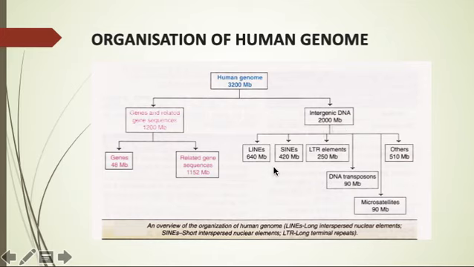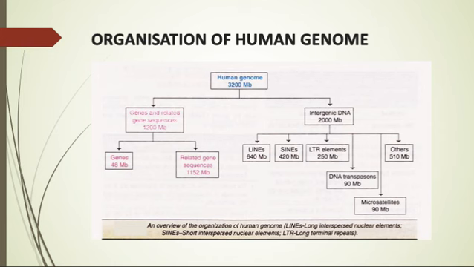You have the long interspersed nuclear elements, that's about 640 MB, and then the short interspersed nuclear elements, that's 420 MB, and then the LTR, that is long terminal repeat elements, that's 250 MB. Then you have the DNA transposons, around 90 MB, microsatellites 90, and the others, around 510 MB. So this is an overview of the organization of the human genome.